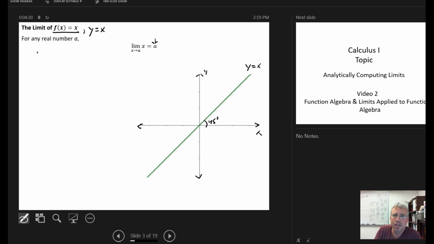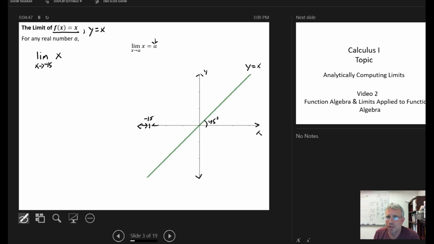Let's say I take the limit as x approaches on the x-axis an input of -15, and my function is x. Well, -15 is sitting right here. And if we're taking the limit as we approach -15, that means approach -15 from the left, take the left-sided limit.